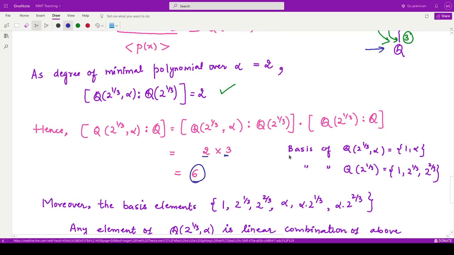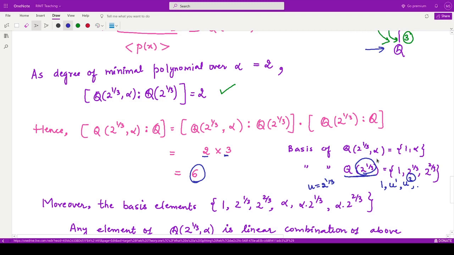And what are the basis elements? We know here only this element has been adjoined, so the basis elements are 1, say u is equal to 2 to the power 1 by 3, so 1, u raised to power 1, u raised to power 2, and that's it, right? Because here the polynomial has degree 3, so we go up to degree 2. So we have 1, 2 to the power 1 by 3 and 2 to the power 2 by 3.